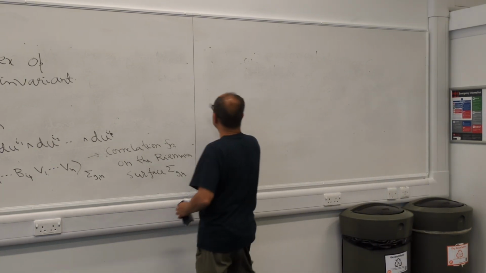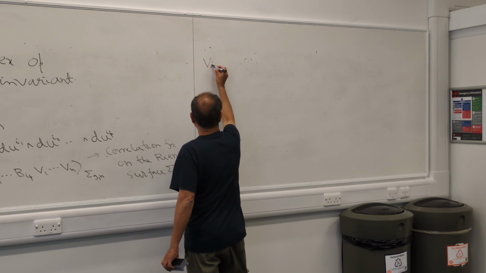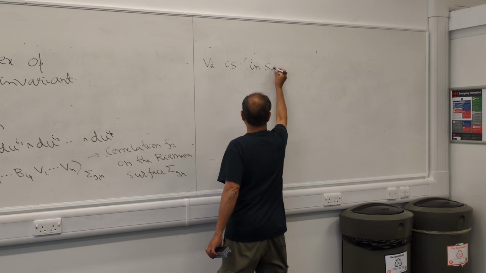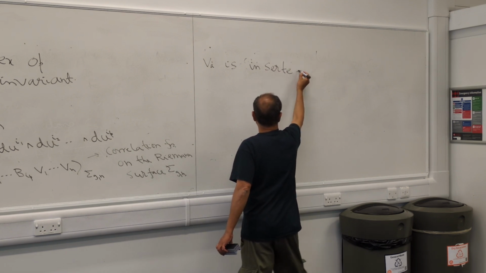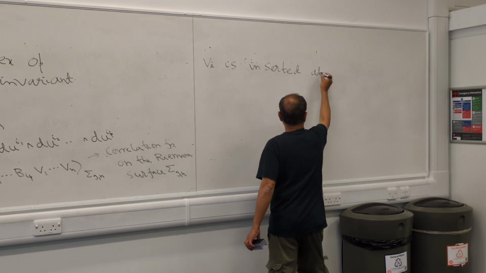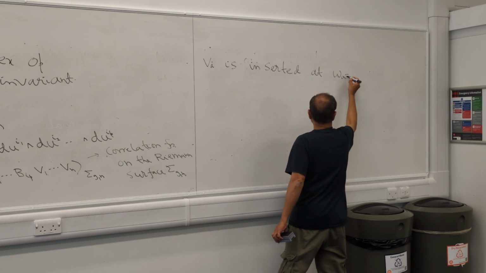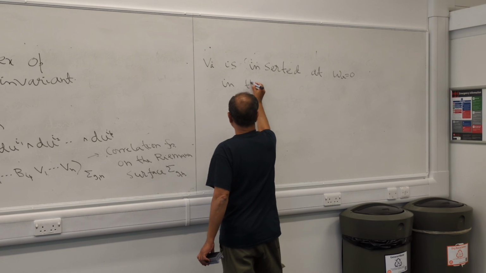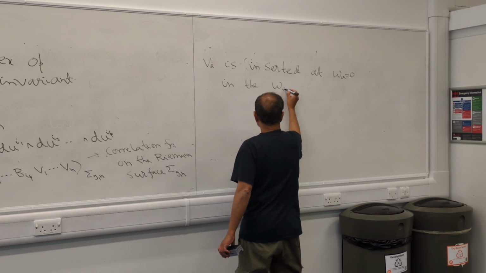So VA is inserted at WA equal to 0 in the WA coordinate system.